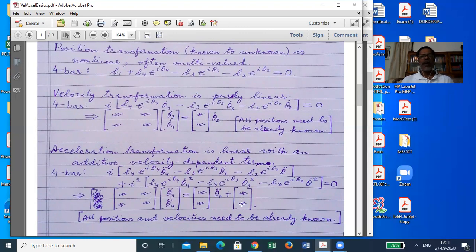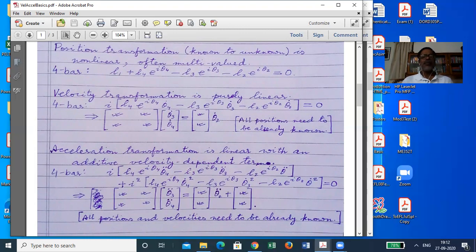Okay, but that's fine. You can always get it. You can always solve it. This system of equations, because theta 2 double dot you will be providing. So then this whole thing will sum up in the form of a vector like this, and then it is just a solution of a linear system of equations.